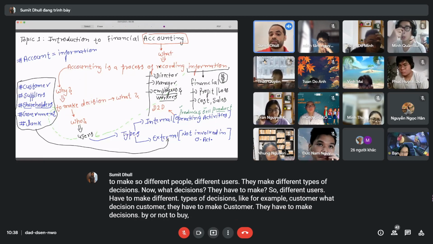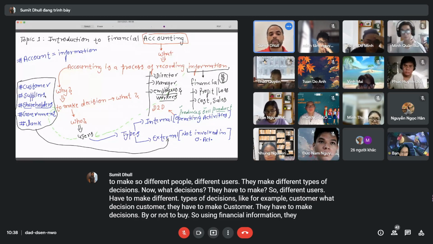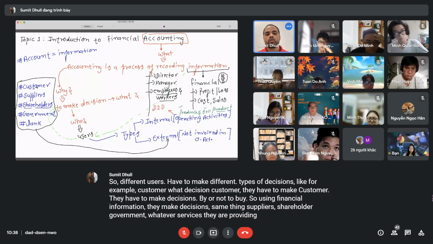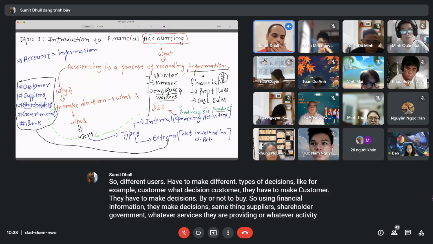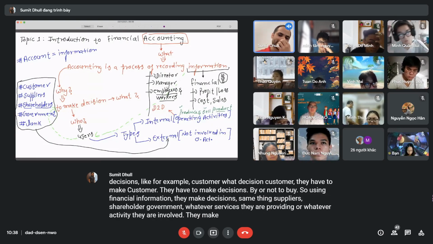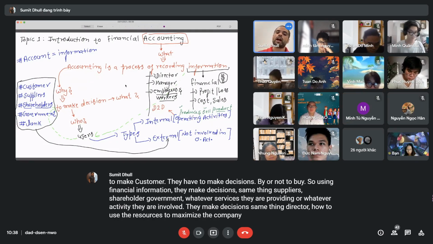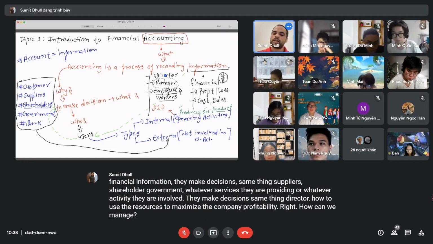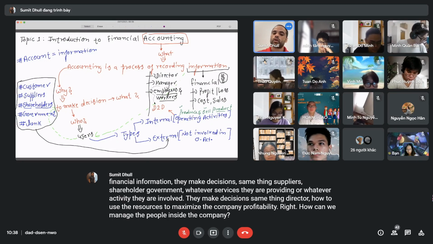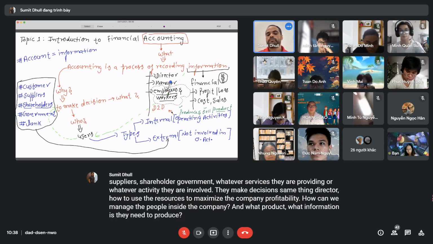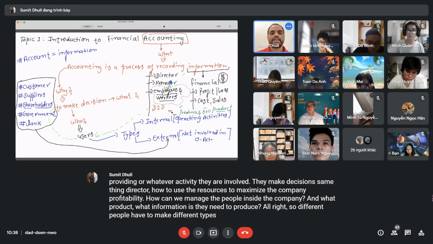So using financial information, they make decisions. Same thing with supplier, shareholder, government, whatever services they are providing or activity they are involved in, they make decisions. Same thing, director: how to use the resources to maximize the company's profitability, right? How can we manage the people inside the company and what product, what information they need to produce. All right. So different people have to make different types of decisions.